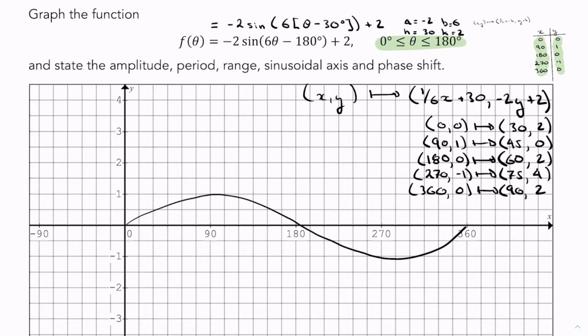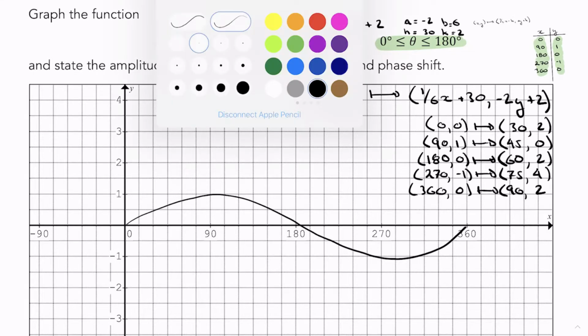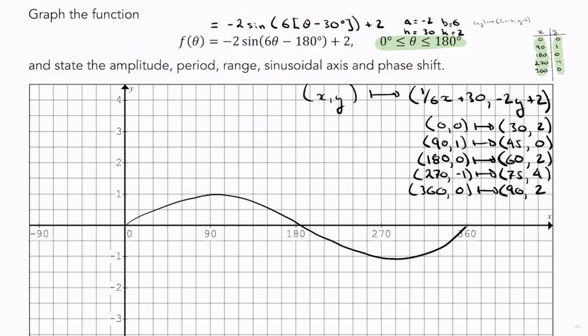Okay, so we have our points. I'm going to plot them using a different color. Let's use the blue here. So 30, 2 will be over here. 45, 0 will be roughly over here. 60, 2 will be here. 75, 4 will be over here.